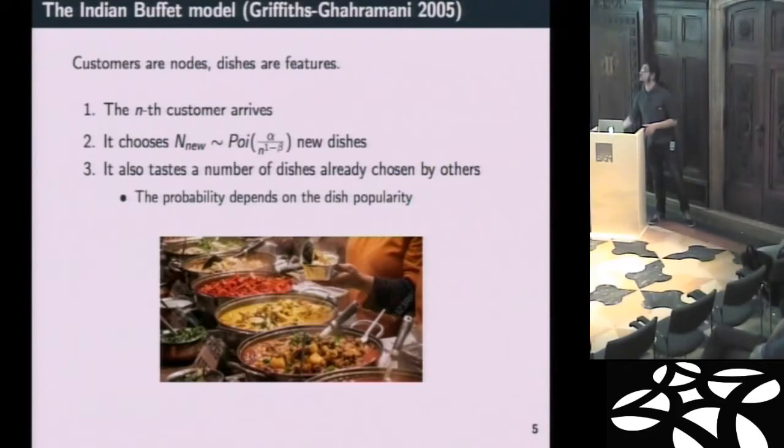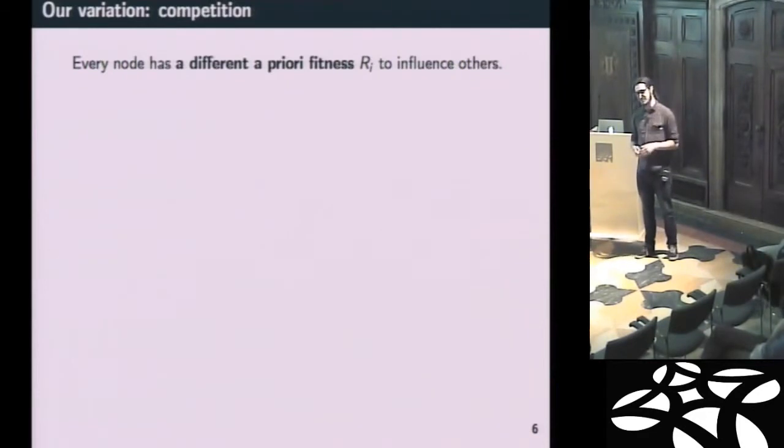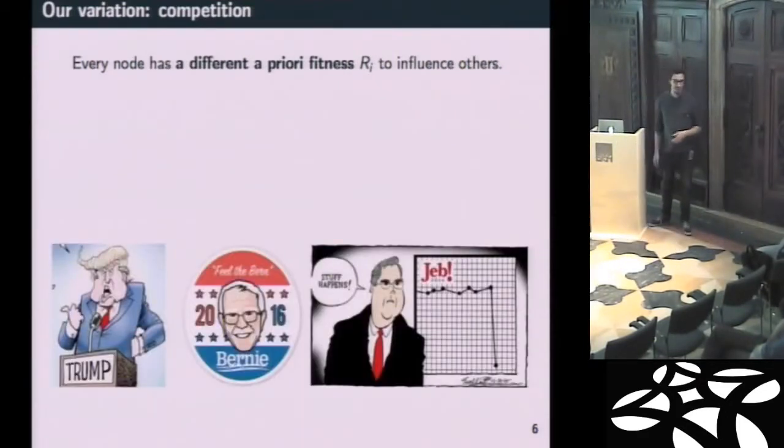How did we change this model? Well, the consideration that we made is that in reality it often happens that different nodes have a different ability to influence others. So again, we can think of many examples here, and sometimes this is good, sometimes this is bad, but in reality, there is a different fitness across different nodes to transmit their features. So how did we model this?